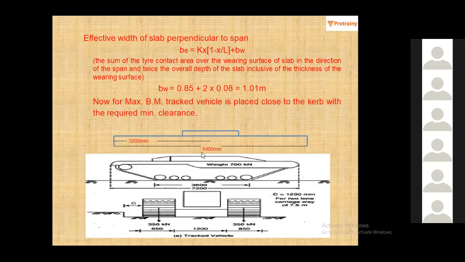Now the value of the effective width that you got is 5.56 meters. 5.56 meters, it is going to be from here. From here it is 5.56 meters. At 5.56 meters you will find the second tank standing. Just imagine that there is a second lane there and the second tank is standing in the second lane. So now I want to find half of this overall dispersion along the width.